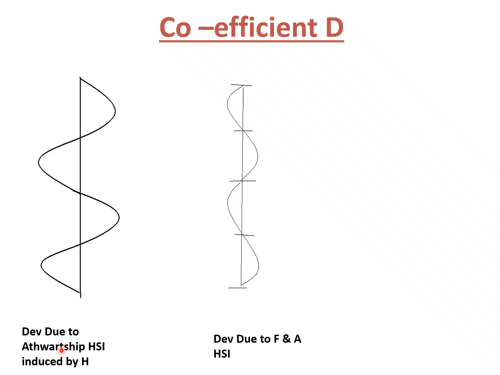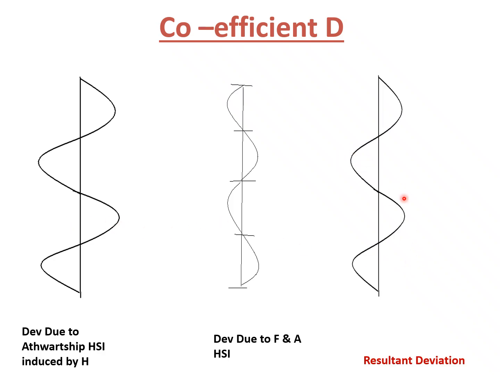And the value of the athwart ship HSI on the curve will be greater. So once we take this fore and aft HSI curve and put it over the athwart ship HSI curve, it will give us a resultant curve, right? Which will look like that, and we'll see that we have easterly deviation on northeasterly heading, and this type of curve we call coefficient D, right?